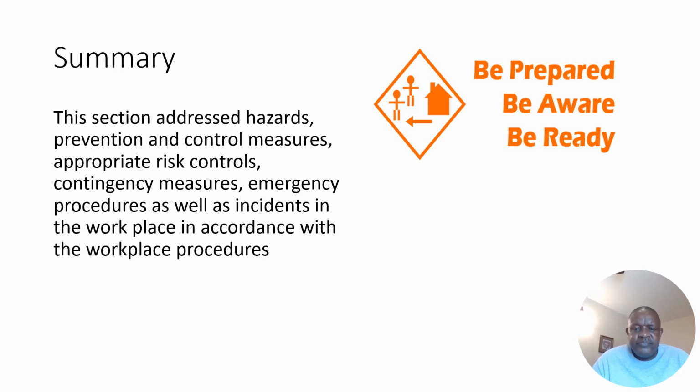We said employers have their duties, employees have their duties, and your number one duty is to ensure your own safety and then the safety of others who are at the workplace. Your actions or omissions must ensure your number one responsibility. That's your number one duty. Ensure your personal safety and safety of others who are at the workplace.